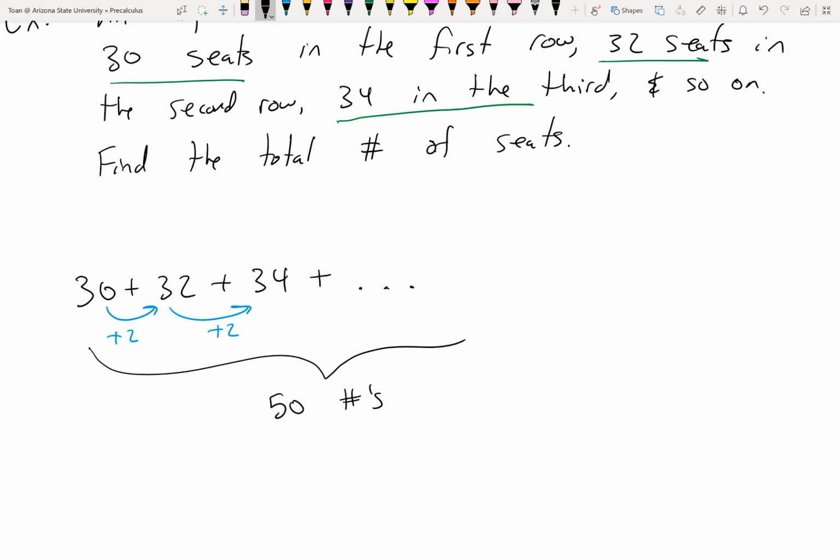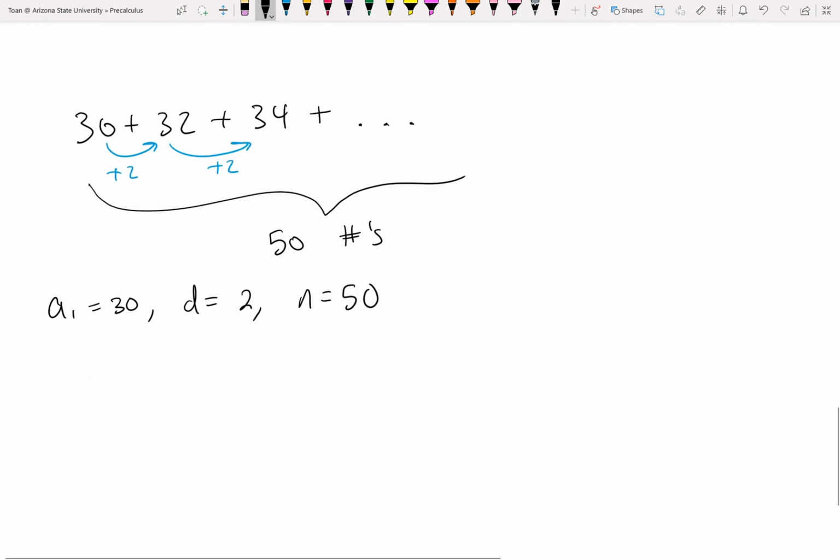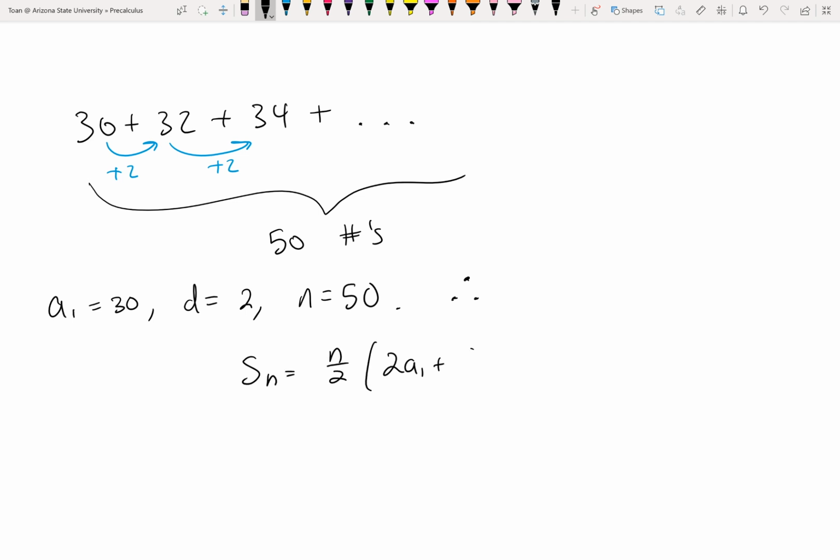With all of this, hopefully we can see that the first term is 30. Since it's arithmetic, we have a common difference of 2. And they actually did tell us the number of numbers, 50. Hey, that is just enough information to use the second variation of the sum formula. Therefore, s sub n equals n over 2 times 2a sub 1 plus n minus 1 d.